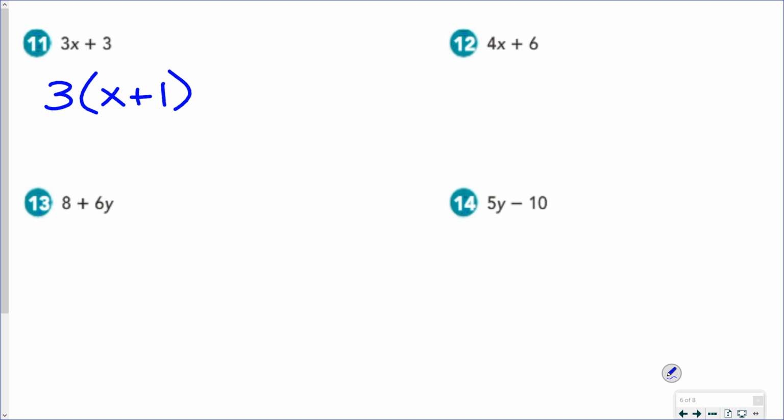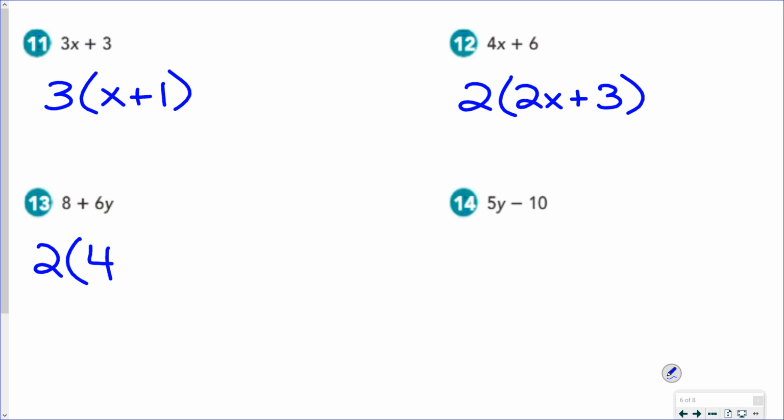For number 12, 4 and 6, the highest I can divide those by is 2. And since 2 times 2x is 4x, and 3 times 2 is 6. For the 8 and the 6, the highest I can divide them by is 2, and so that would put 4 plus 3y in parentheses. And for number 14, I have a 5 and a 10.